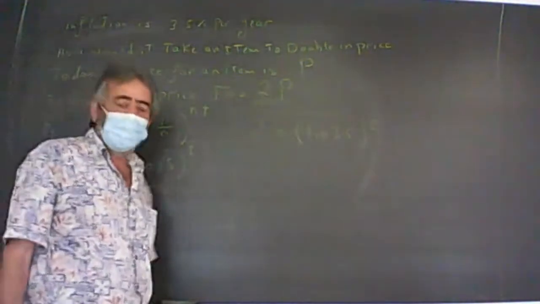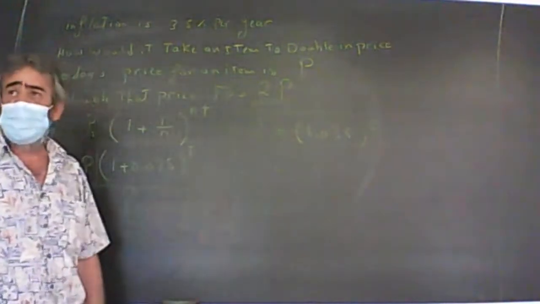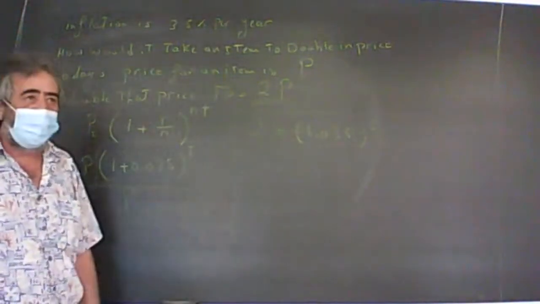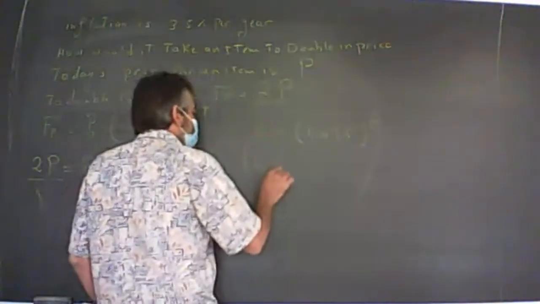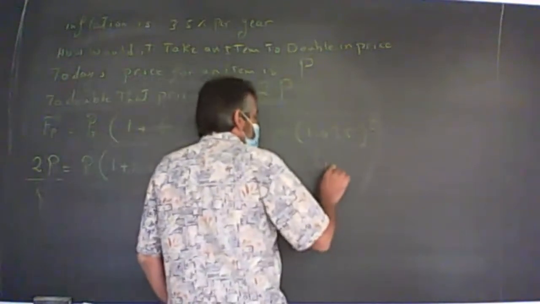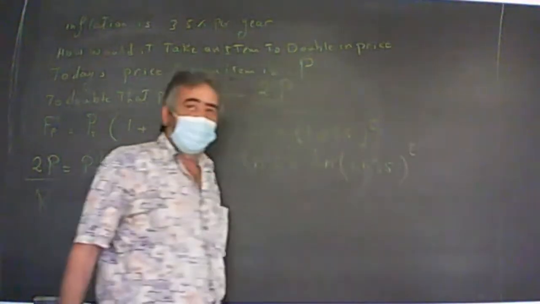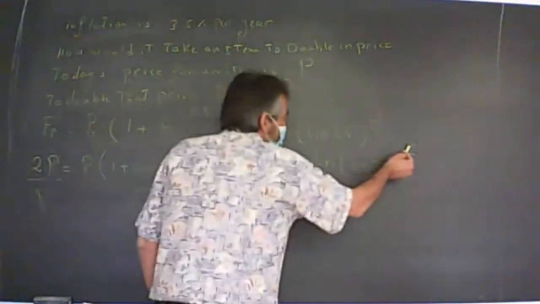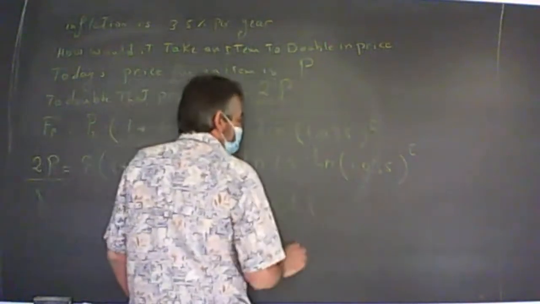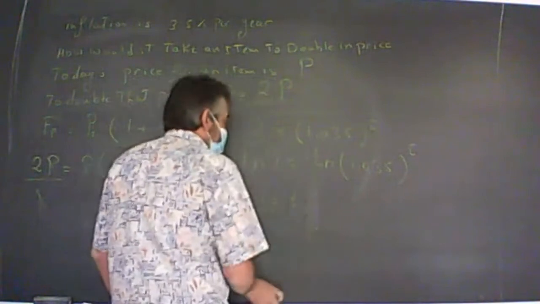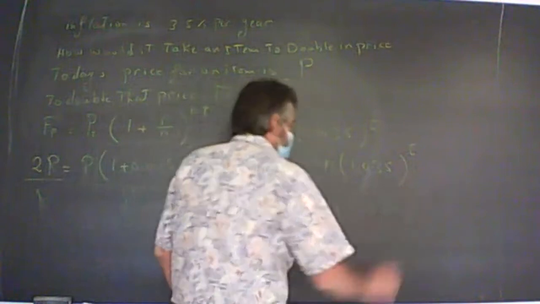So I will use log, whether you use log or natural log, will be either the same way. Both of them are the same thing. So let's use ln of 2 equals ln of 1.035 to the power t. Now, we're going to bring t down. So ln of 2 equals t times ln of 1.035.